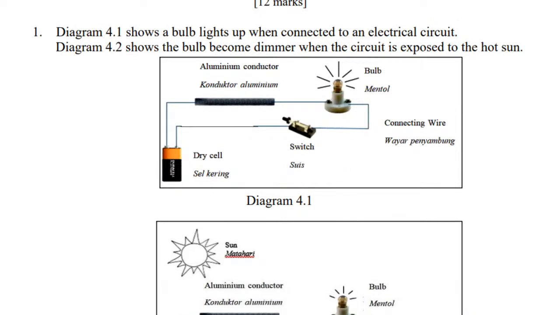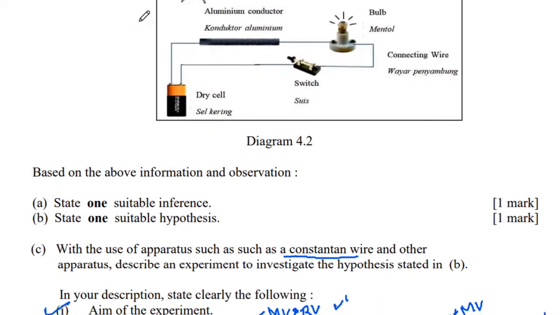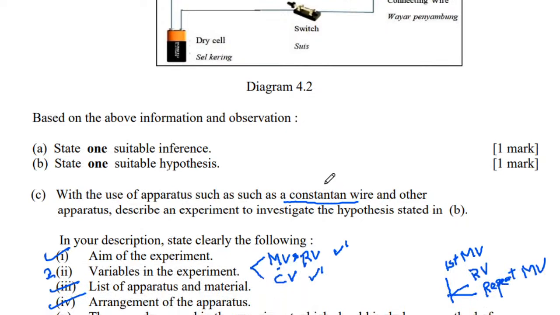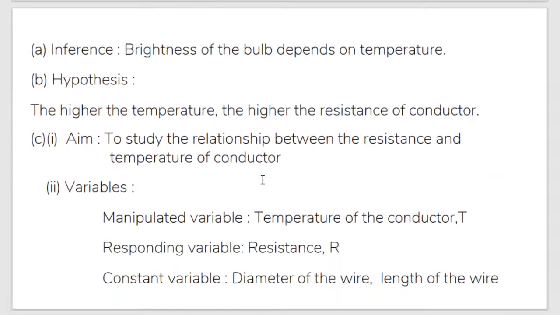So sama macam just now, they only give you constantan wire. If they give you other wire, use that wire. Katakan they give you copper wire, so use copper wire. Okay, jangan stick to the constantan wire. If they give you other wire, use what is given. Alright.